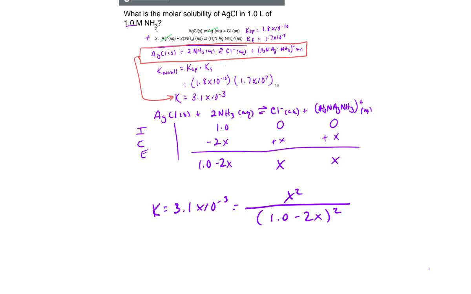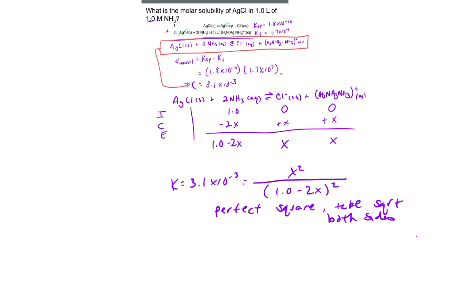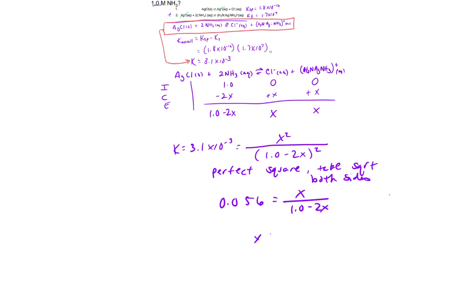I think it's on the border here. But the good news is we have a perfect square, so we can take the square root of both sides. We get 0.056 equals x over 1 minus 2x, and we solve for x and get x equals 0.0504 moles per liter.